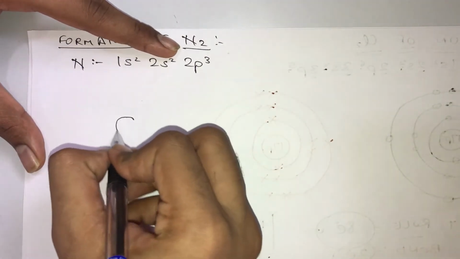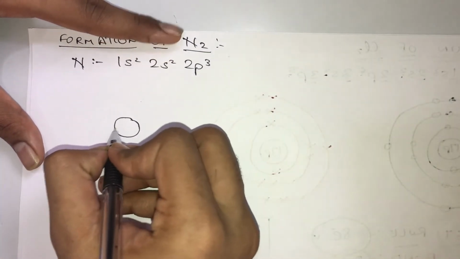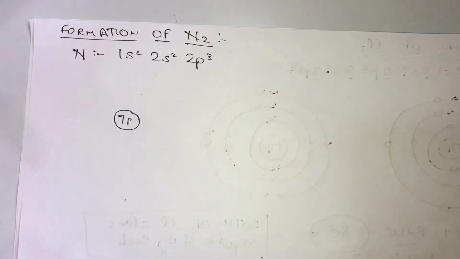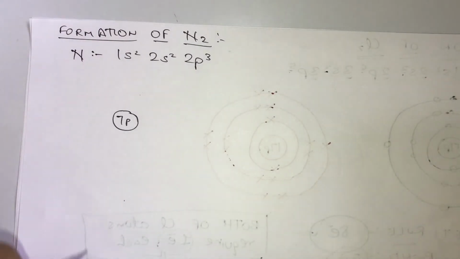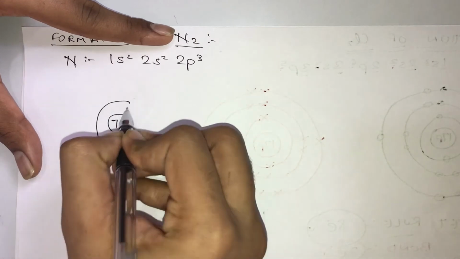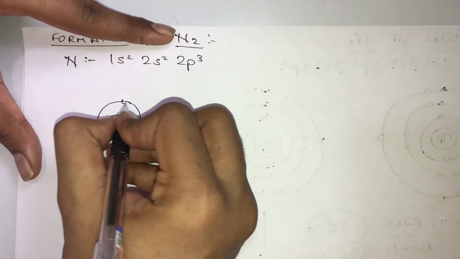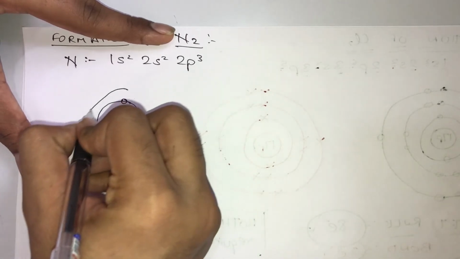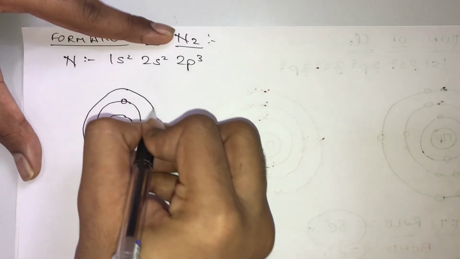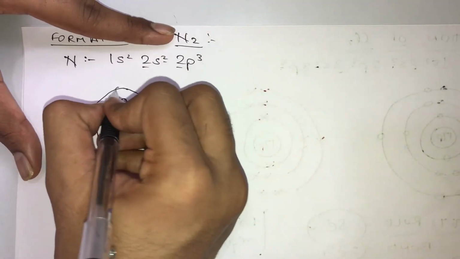In the center there is a nucleus, and in the nucleus there are 7 protons present. Why 7 protons? Because the atomic number of nitrogen is 7. In the first energy level, there are 2 electrons present. In the second energy level, there are 2 plus 3, 5 electrons present.